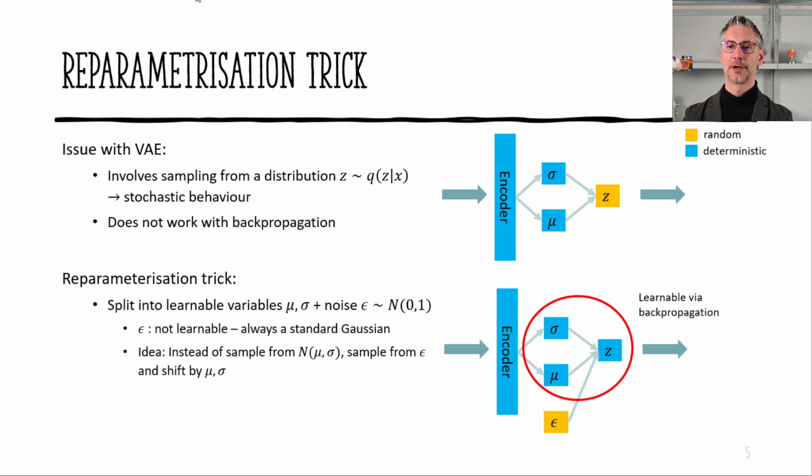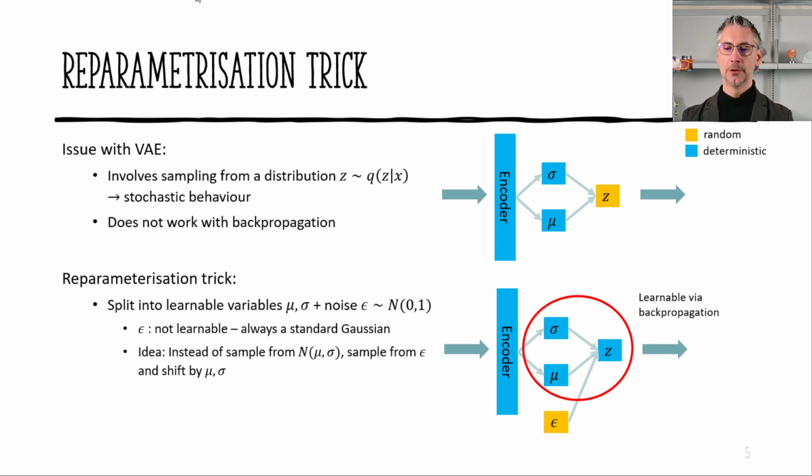Because the issue with the variational autoencoder is that it involves now sampling from this random distribution, and this leads to a stochastic behavior. Unfortunately, the stochastic behavior doesn't work with backpropagation, so we need to think about training this. And this is where the reparameterization trick comes in. We split the learnable parameters, mu and sigma, for example, for the Gaussian distribution, and separate this from the noise.